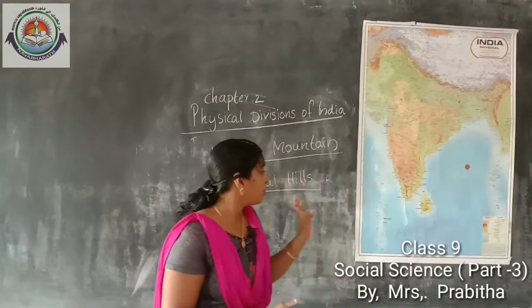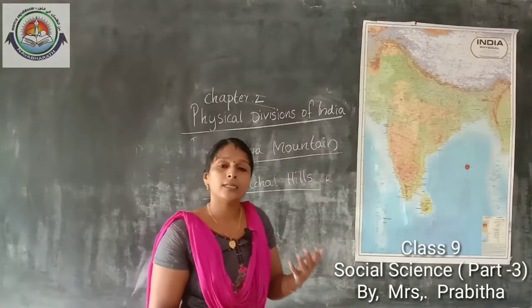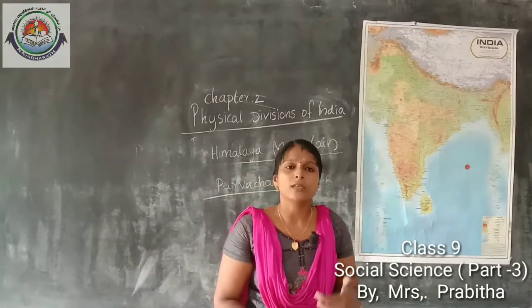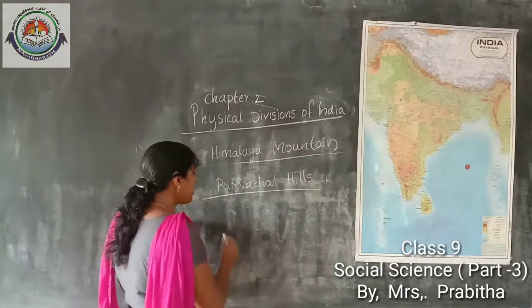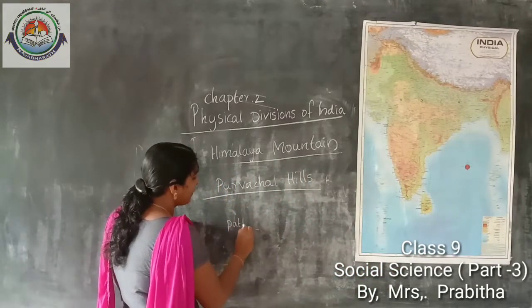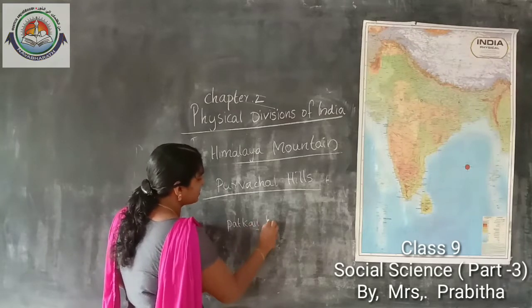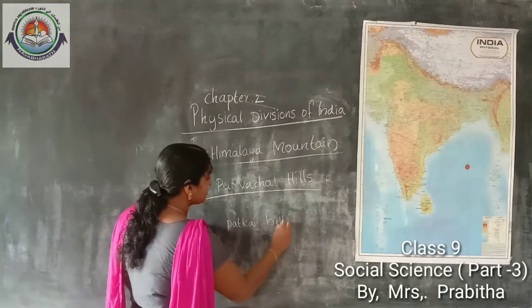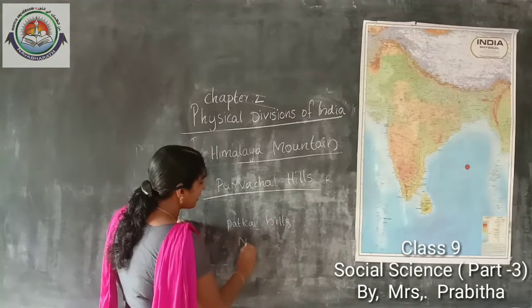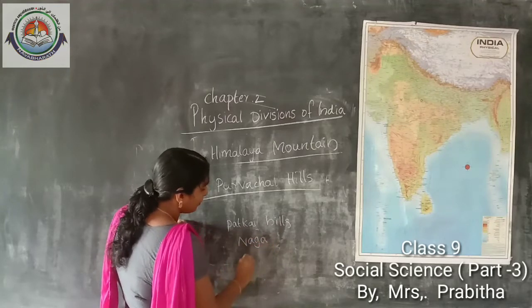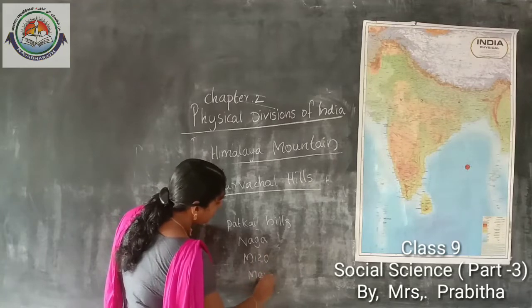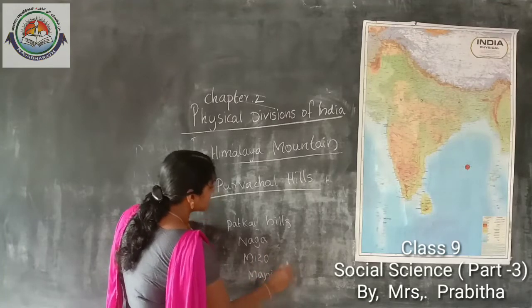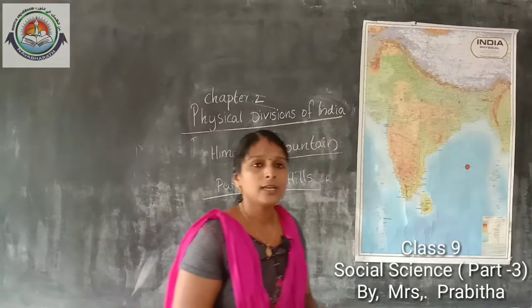It is called Purvajal ranges or eastern hills and mountains. Some examples for these Purvajal hills are Patkai hills, Naga hills, Mizo hills, Manipur hills.